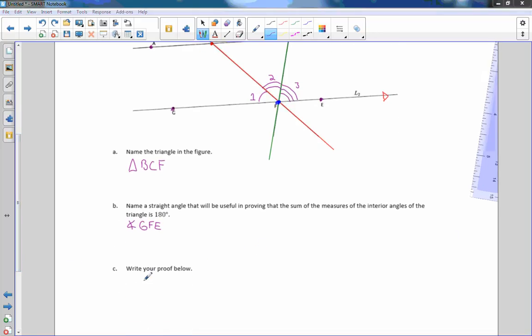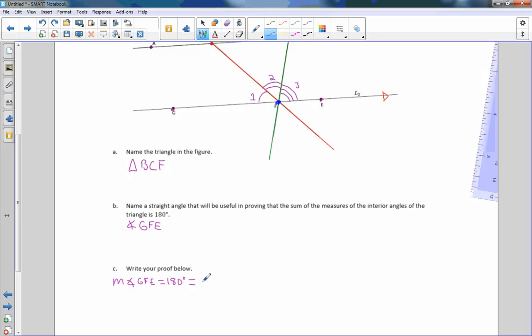So what I would say is the measure of angle GFE equals 180 degrees.